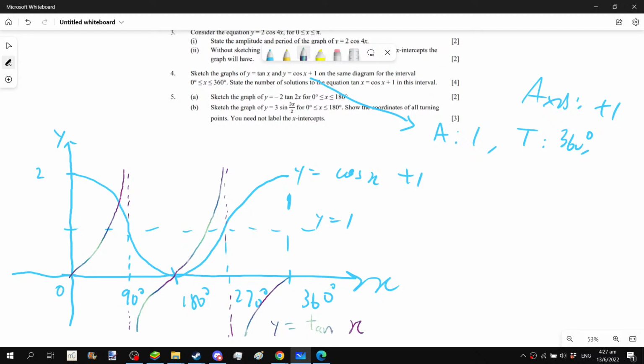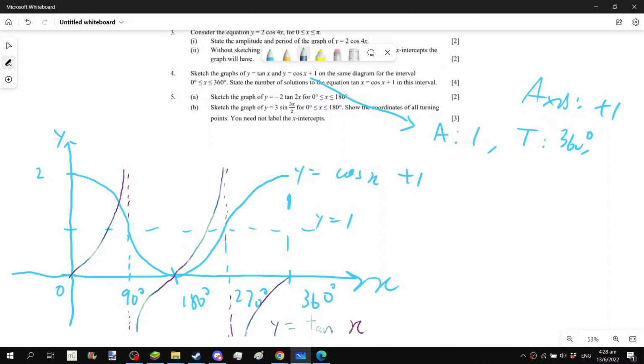But anyway, now that we have this thing drawn out, then of course we can go on to actually answer what was the objective of the question in the first place, which is to find out how many solutions there will be if we made a math problem involving these two.